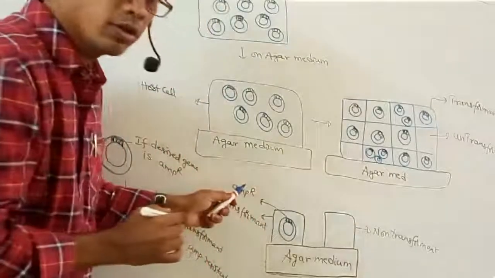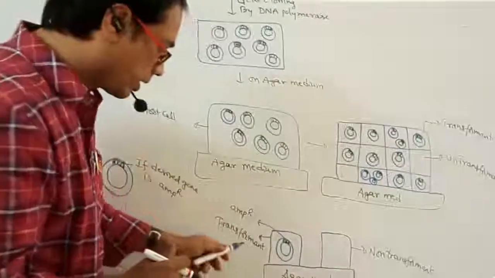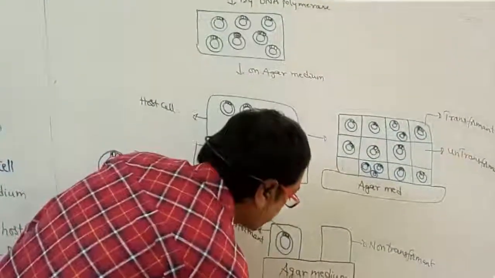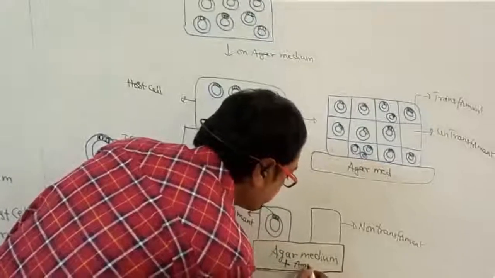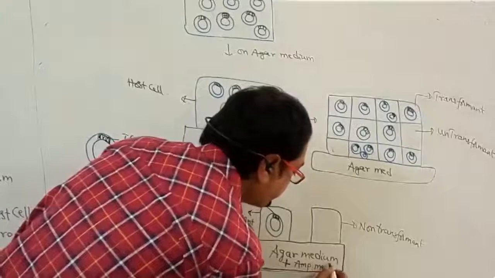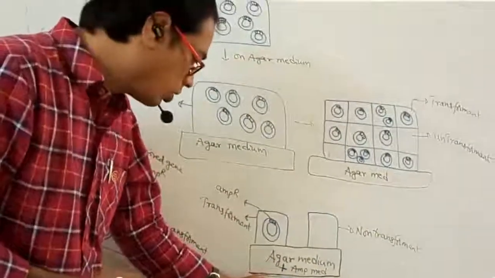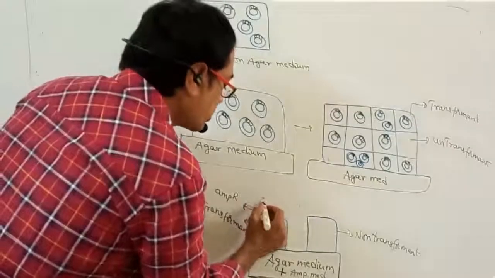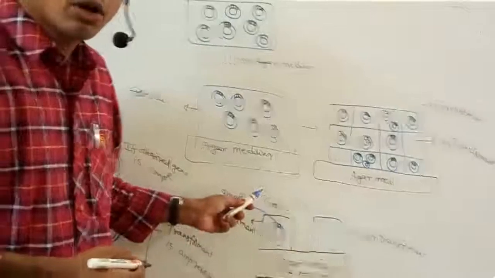So this gene is the ampicillin resistant gene. Now it is placed in agar medium plus ampicillin. So this cell will grow.